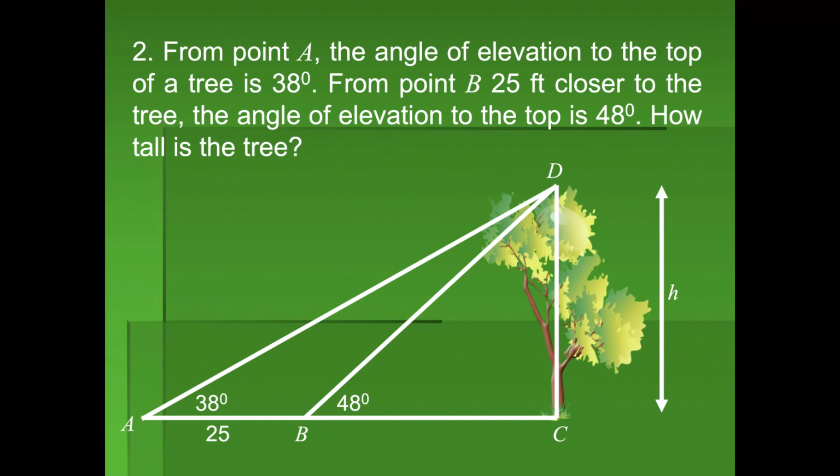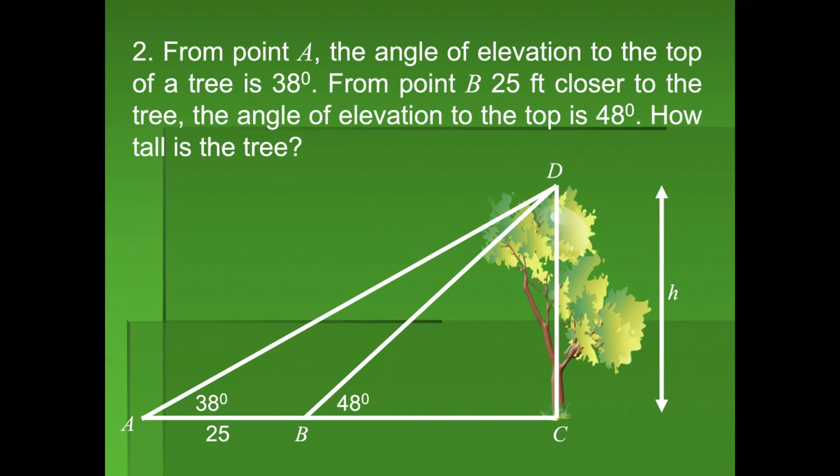How tall is the tree? So notice that there are two triangles that you can see here. We have triangle ABD and triangle ACD, wherein triangle ABD is an obtuse triangle and triangle ACD is a right triangle.